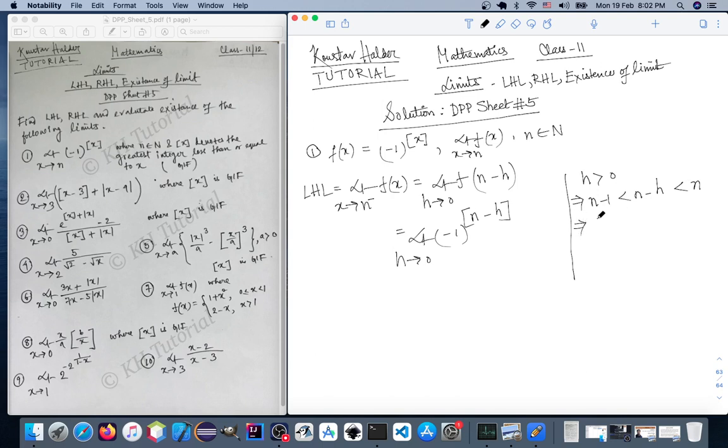This implies box of (n minus h) will be n minus 1. So this equals -1 to the power n minus 1.